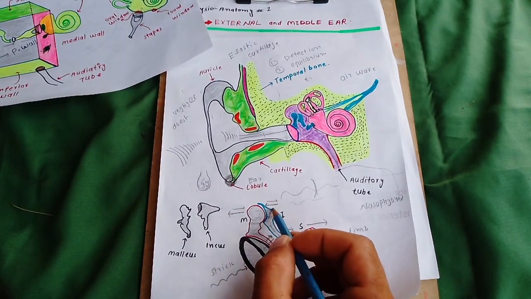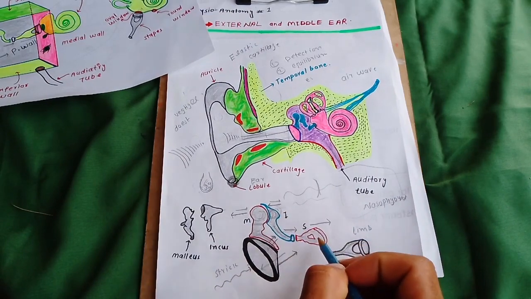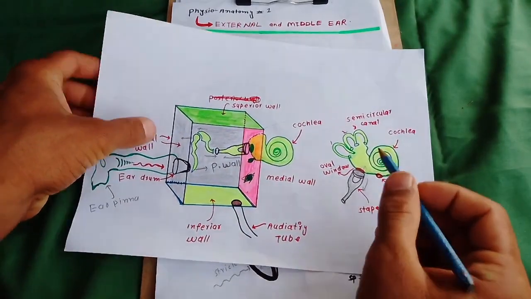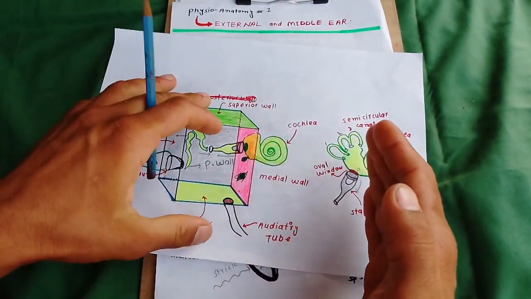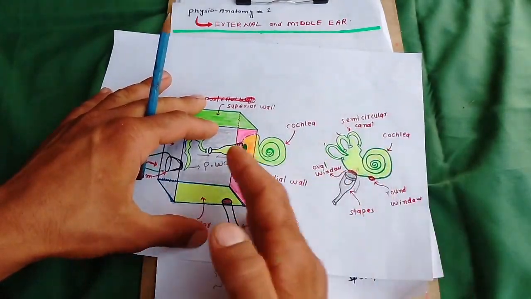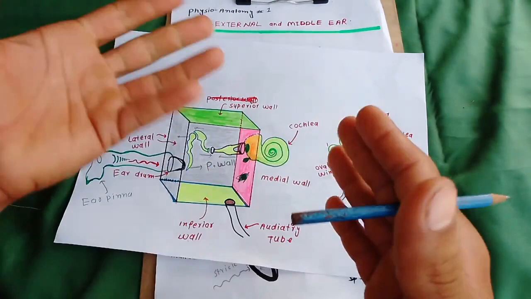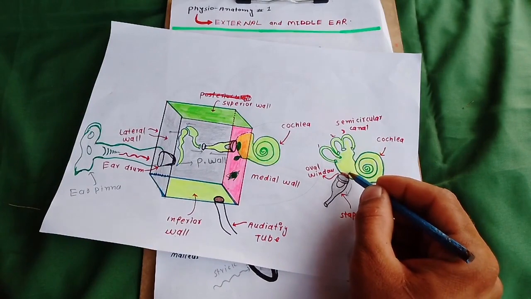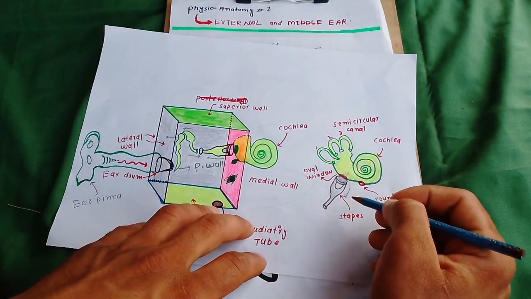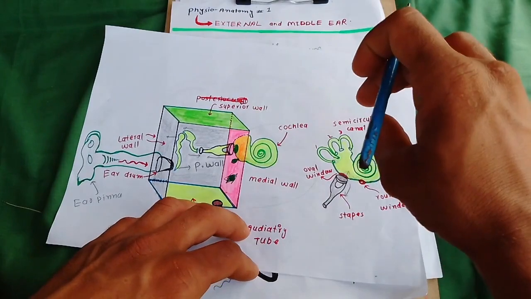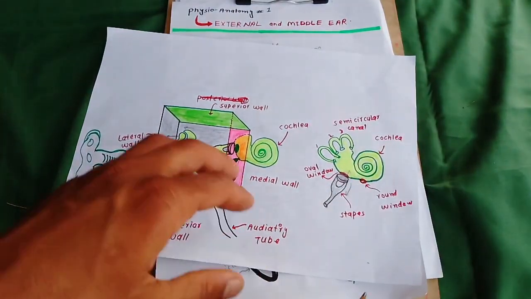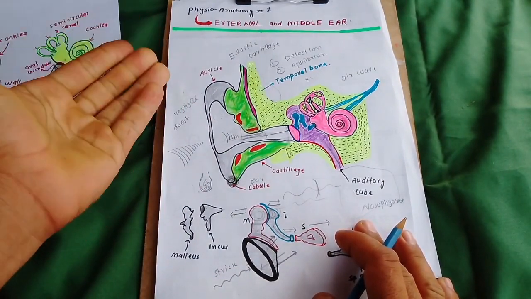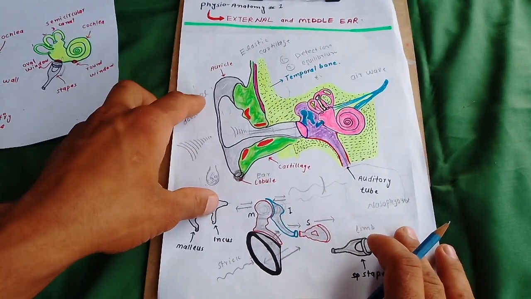So by the incoming vibration wave, the stapes moves outward and inward along with all three bones and the eardrum, and stimulates this area. Further phenomena I will discuss in the next class. This is a very big and complicated phenomenon which occurs here. So these are all about the physio-anatomy of the external and middle ear.